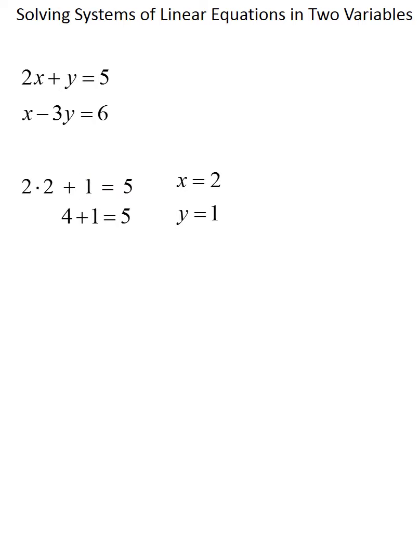A little arithmetic will show that it is true, because 4 plus 1 is 5. When that happens, we say that the ordered pair (2, 1) satisfies the top equation. An ordered pair, by the way, is just two parentheses and a comma with an x value first and a y value second.